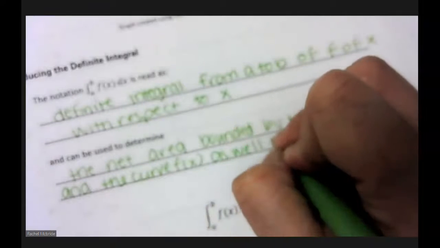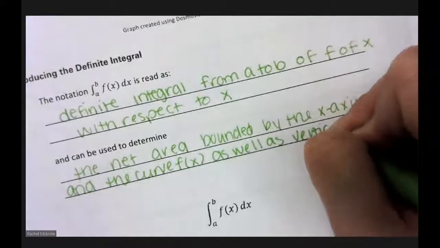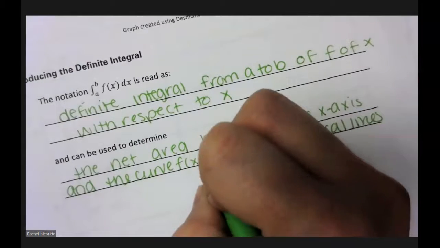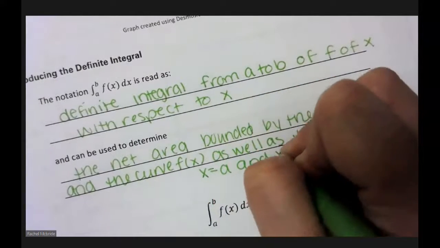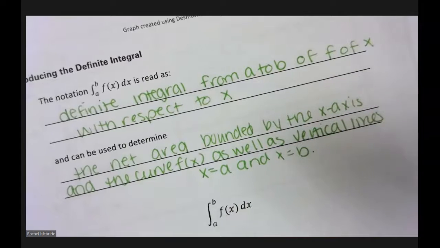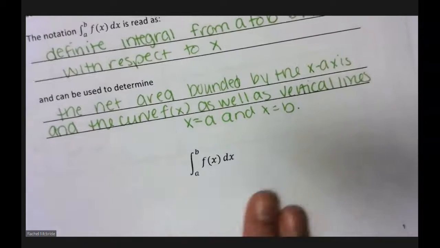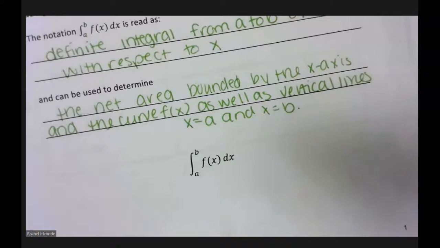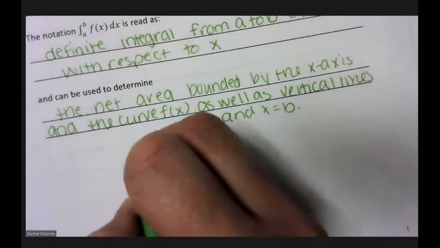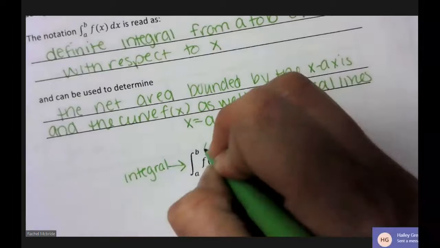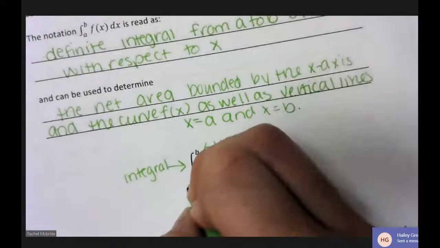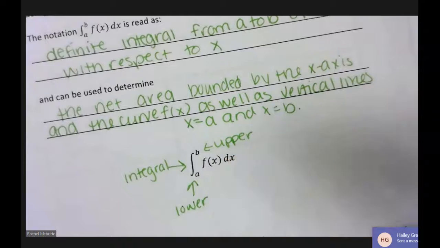As well as vertical lines a and b. And we already previously went over the parts of the integral, but the integral itself is the symbol. b is the upper, a is the lower, and those are the upper and lower limits of integration.